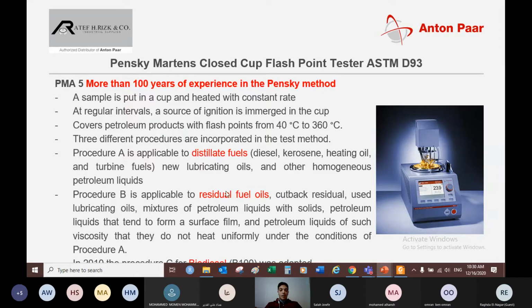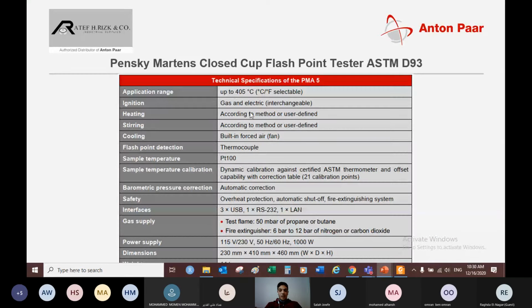And also there are different procedures. Each procedure deals with a different type of sample. And these are the specifications of the Pensky-Martens closed cup PMA5.